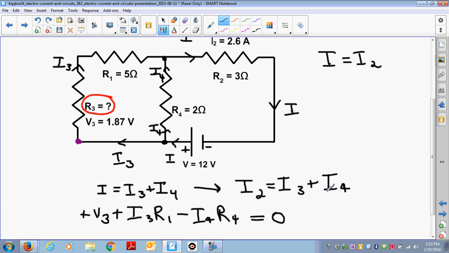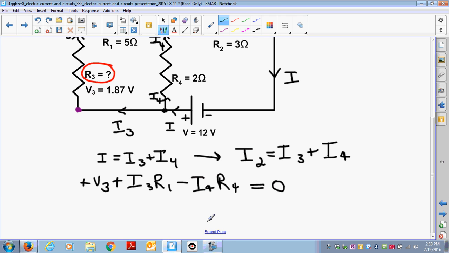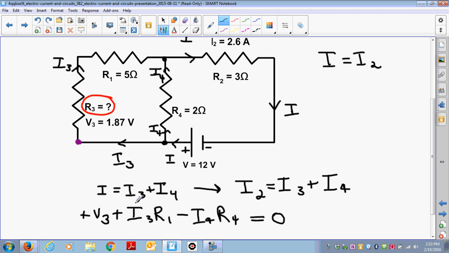Okay, now I have 2 equations, but I have a lot of unknowns. I don't know I3, I don't know I4, and I need R3, so I need to solve for I3 in order to find R3. Because remember, V3 equals I3 R3. So in order to solve for R3, I'm going to need I3.